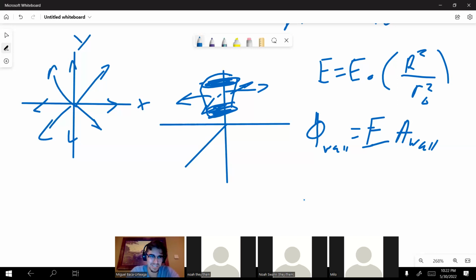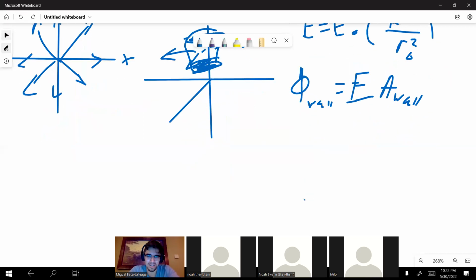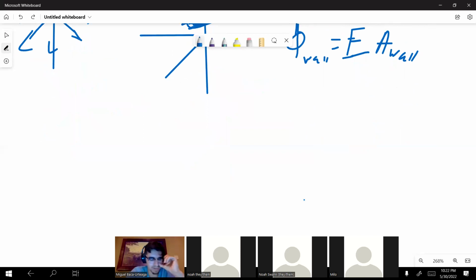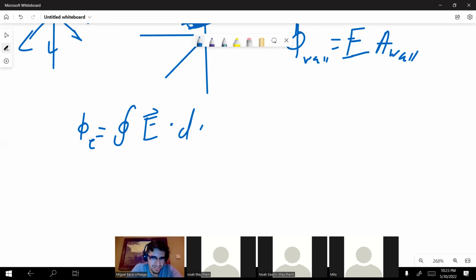This is all kind of wasted writing, but maybe it'll help you guys out a little more than it helps me, since it explains a little more of what we've got. What this says is that the flux is equal to the overall integral of the electric field vector dotted with dA.